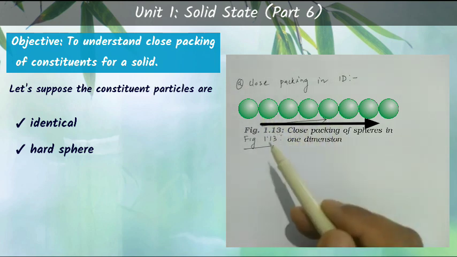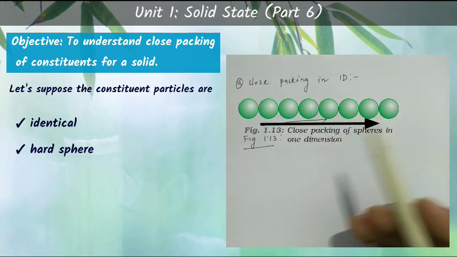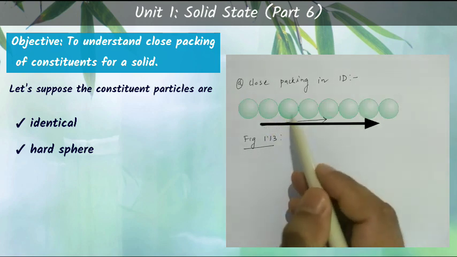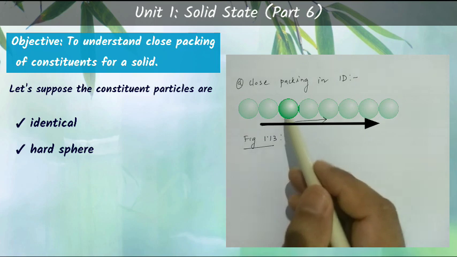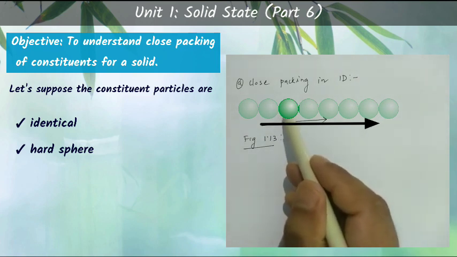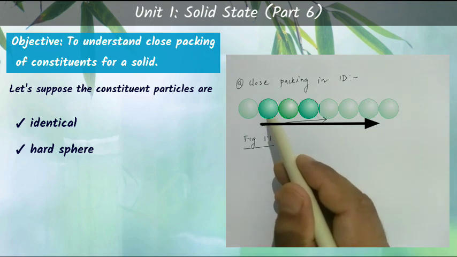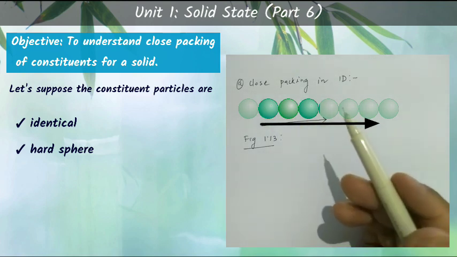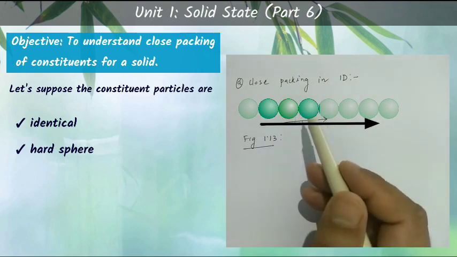So in this arrangement, each sphere is in contact with how many other spheres? If you consider this sphere, or this constituent particle, then it will touch this one and this one. The number of nearest neighbors of 1 particle is called the coordination number.